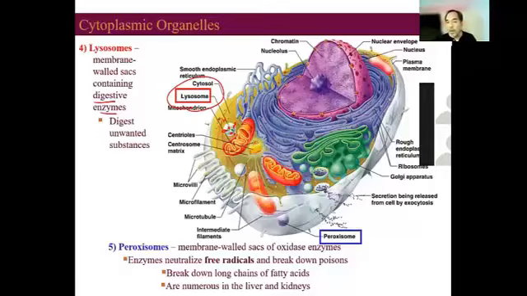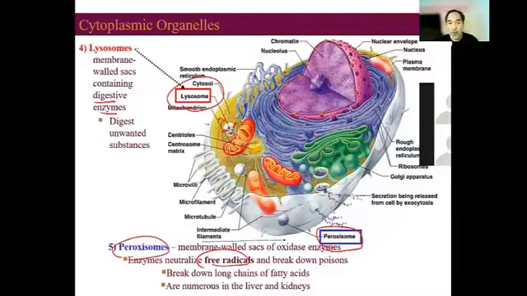So it's just like a vacuum cleaner: anything that's not supposed to be inside the cell will be digested by the lysosomes. Peroxisomes, generally it's the same thing as the lysosomes, but they neutralize free radicals. Free radicals are actually chemicals that can produce cancer. So your body has a way to actually kill off those cancer-producing substances called free radicals.